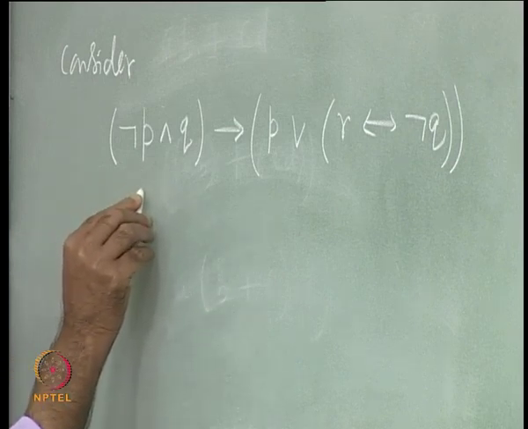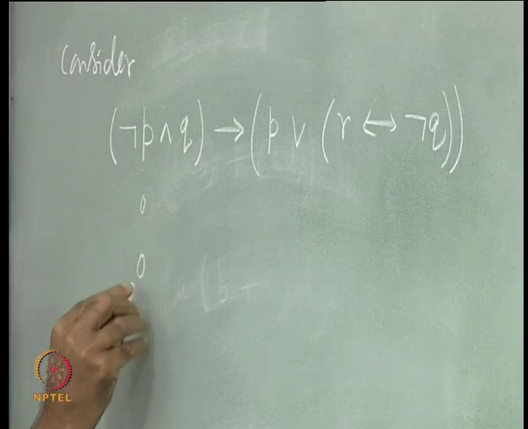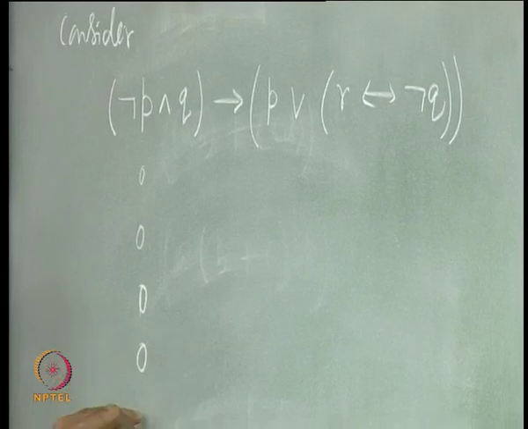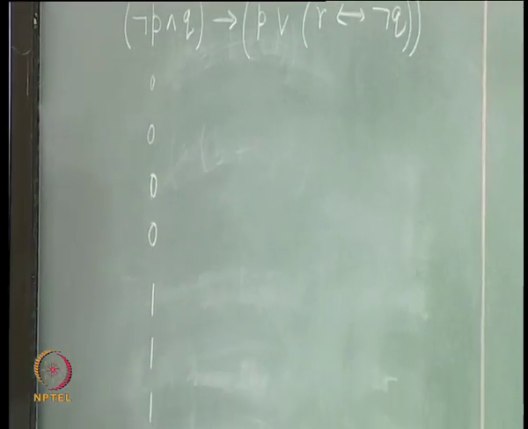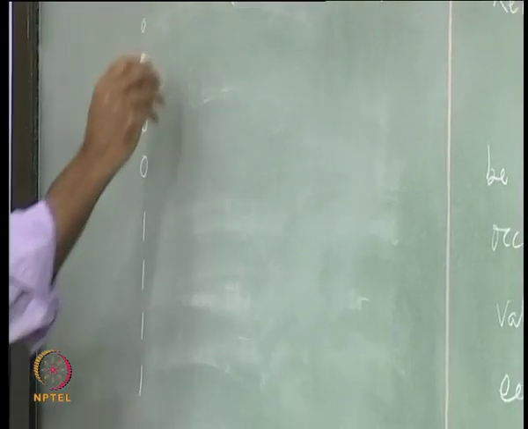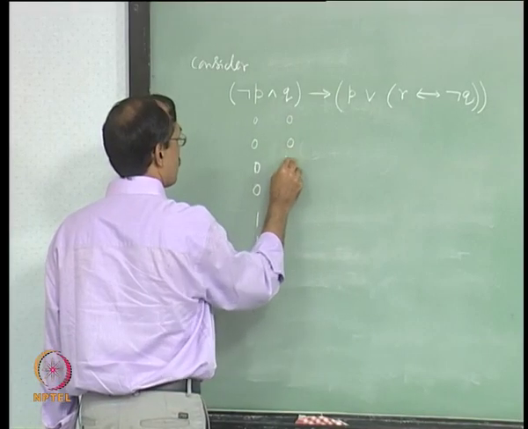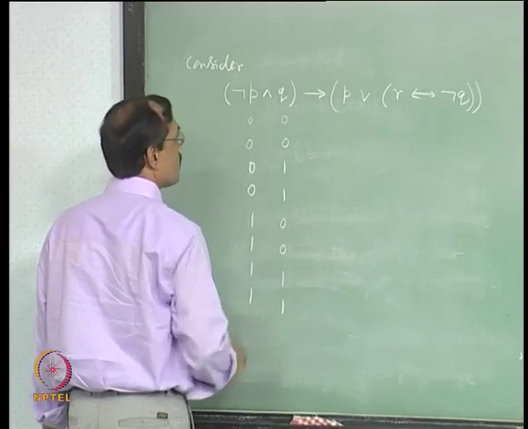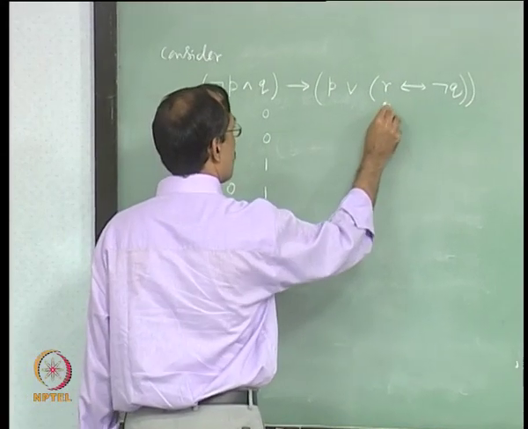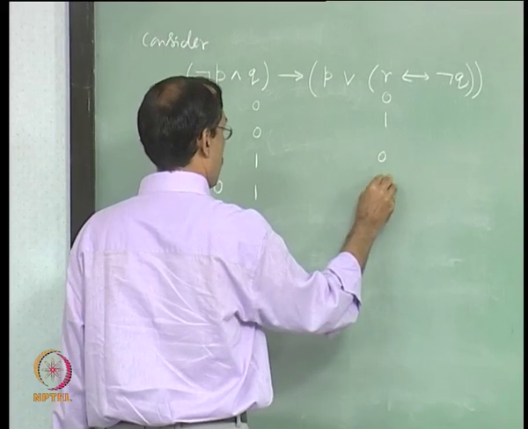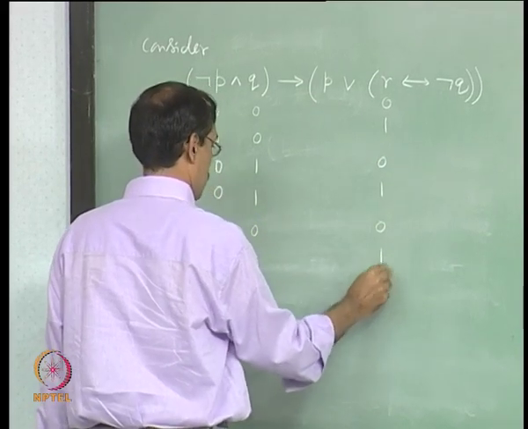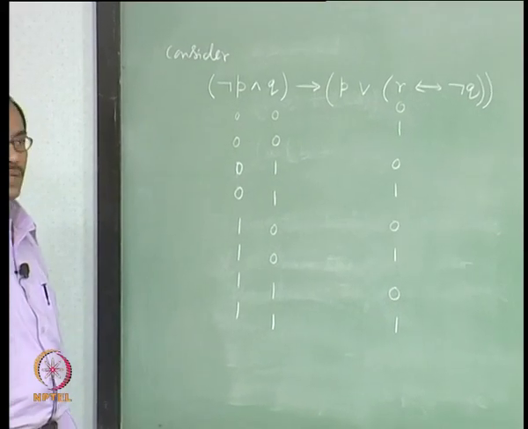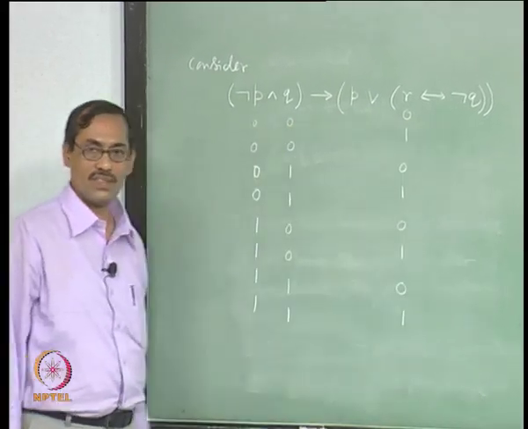Say for p, I have now 0, 0, 1, let me take one more 0, and for q, let me write 0, and for r, so now you are required to read the rows.